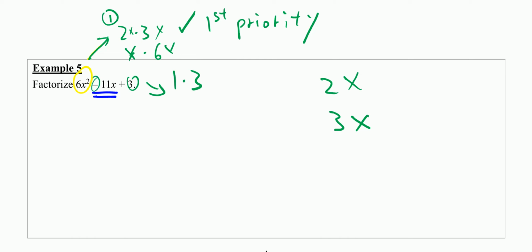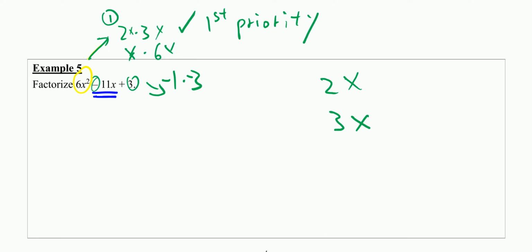Since the answer should be negative, negative 1 multiplied by negative 3 is more suitable for our calculation. And so let's try to put the certain value inside. And for me, I will try this.